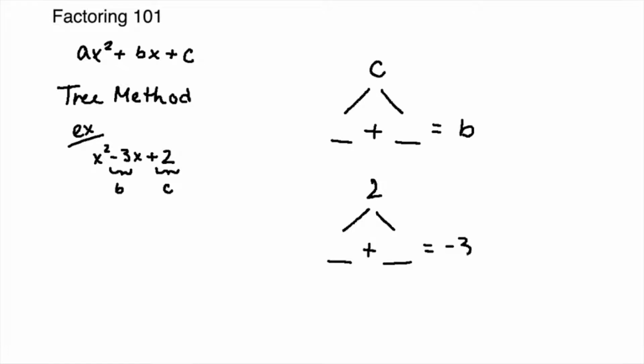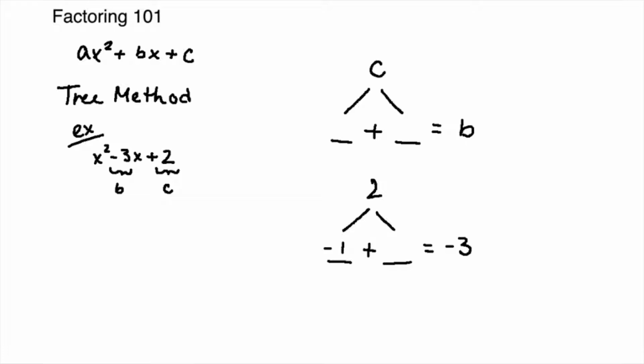So we have to think of numbers that multiply to give us 2, but add to give us -3. The only factors of 2 are 1 and 2, but 1 plus 2 equals +3 and not -3. However, we also have to consider that -1 times -2 is 2, so then -1 plus -2 gives us -3. So those are the numbers that we should be using.